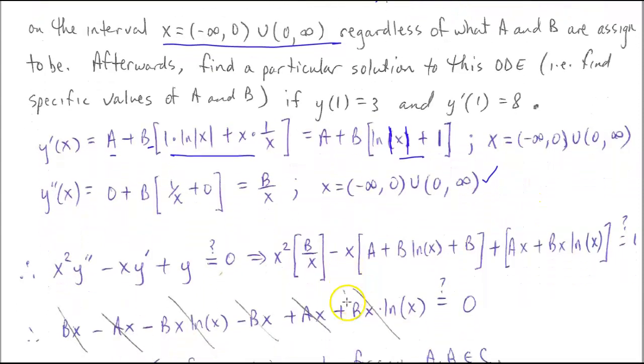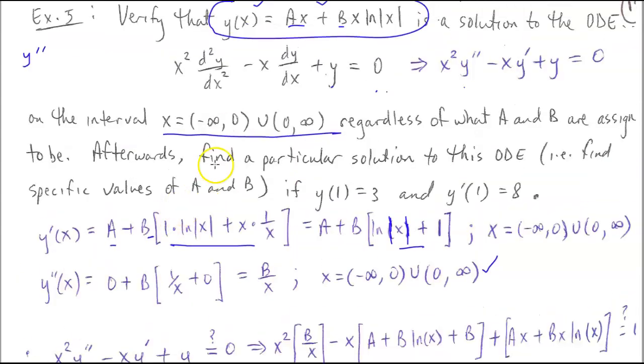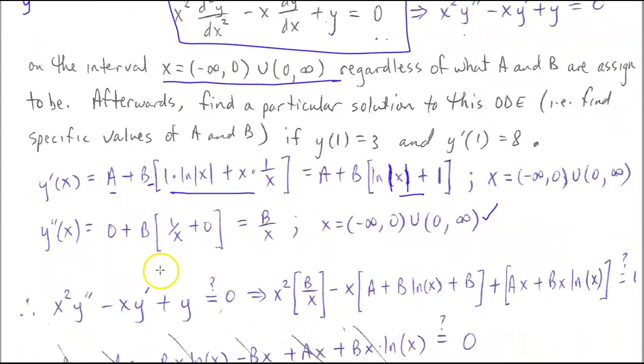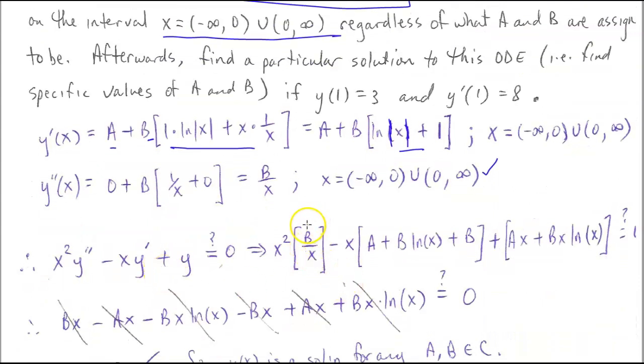And so now we just go ahead and substitute the second derivative and first derivative into our differential equation here. When we do that, here's where the second derivative is substituted in, here's where the first derivative is substituted in, and here's the original function.